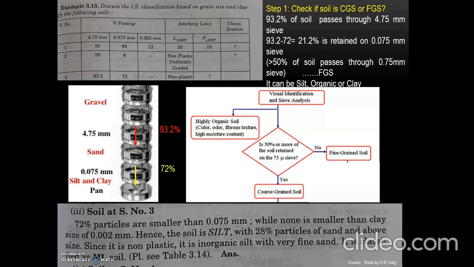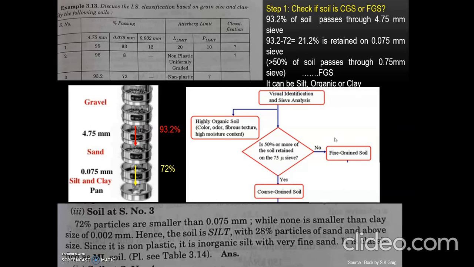So 21.2% is retained on 75 micron sieve. 21.2 is obviously less than 50%. So percentage retained on the 75 micron sieve is less than 50%. So hence it cannot be coarse-grained soil. So it is fine-grained soil.